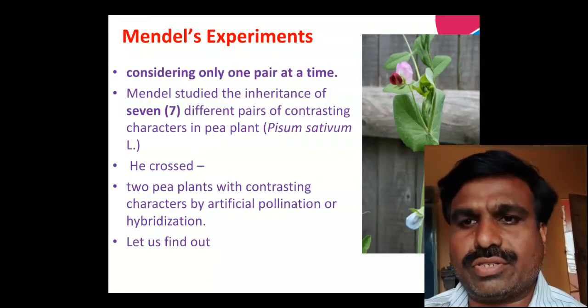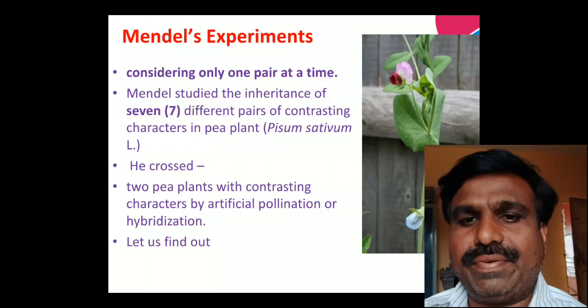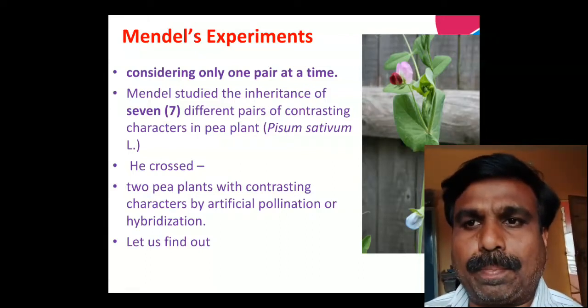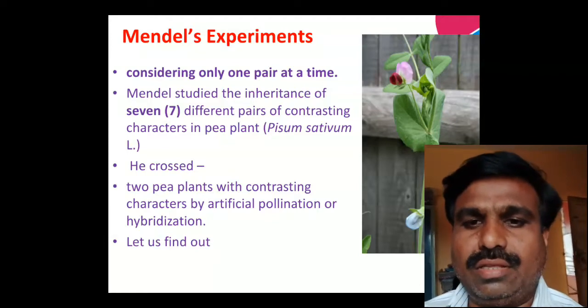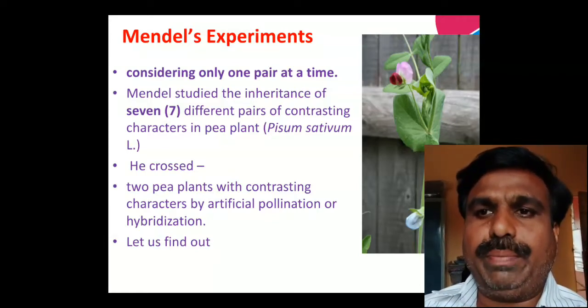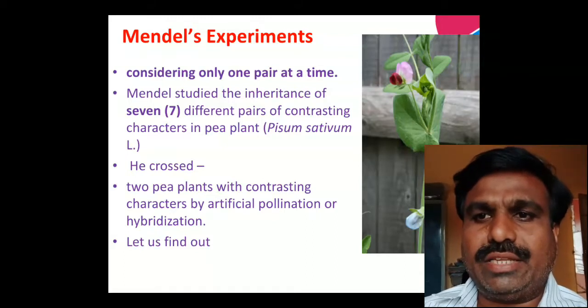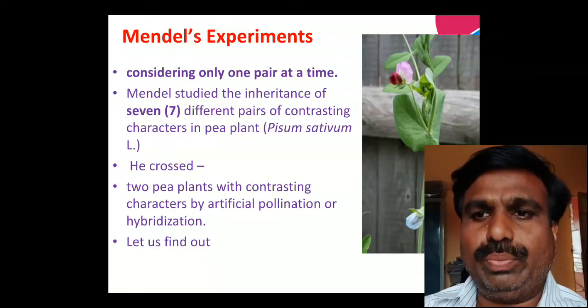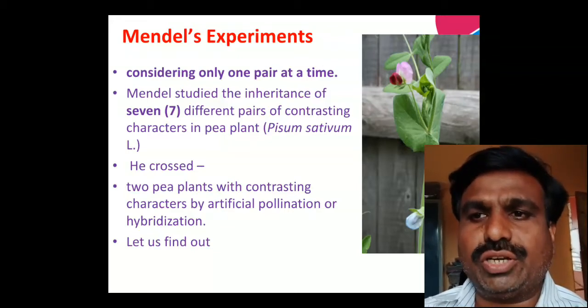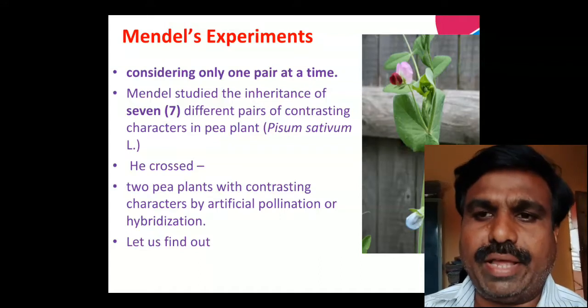He crossed 2 pea plants with contrasting characters, which are present in Pisum sativum, by artificial pollination or hybridization.